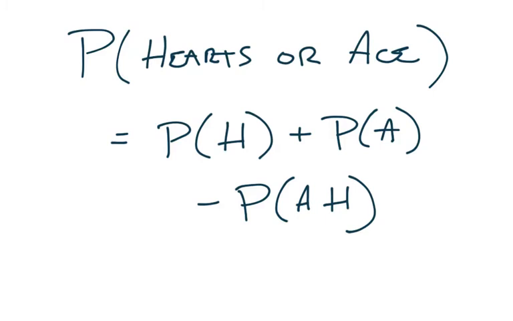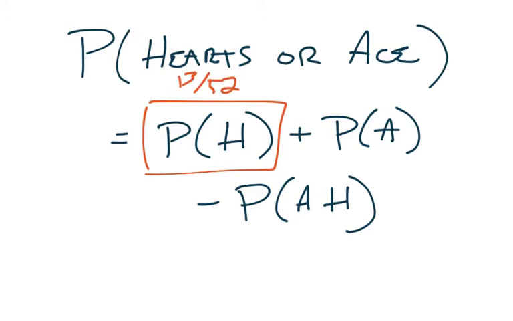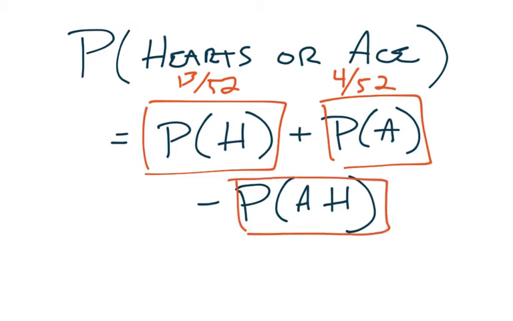So probability of hearts, well, there are 13 hearts out of 52 cards. Probability of an ace, there are 4 aces in the deck, so that's 4 out of 52. And how many aces of hearts are there? Well, there's precisely 1 out of 52.